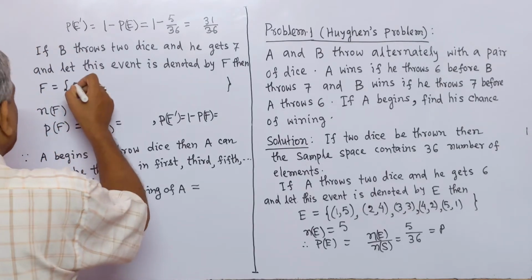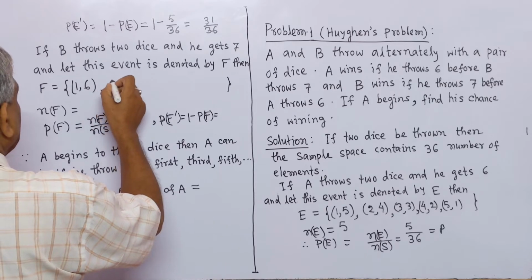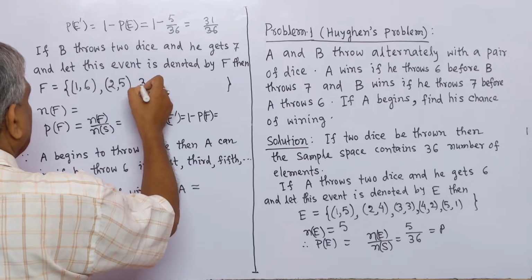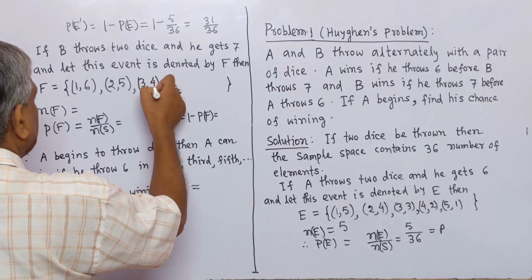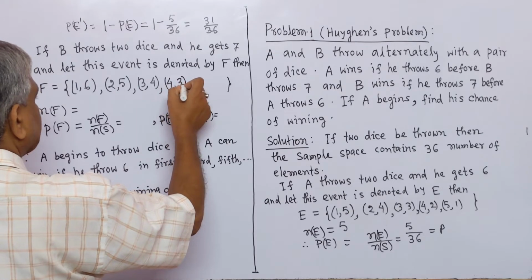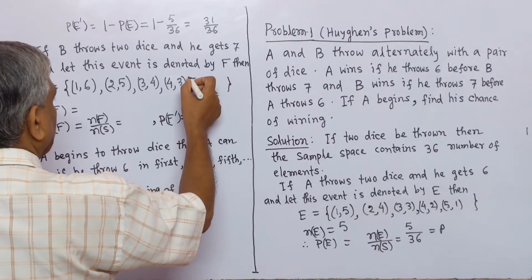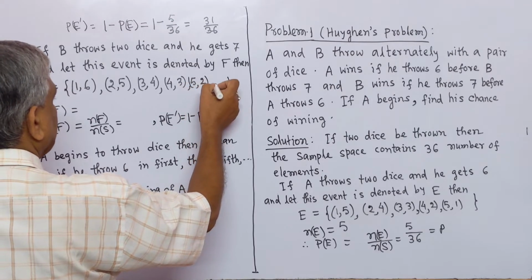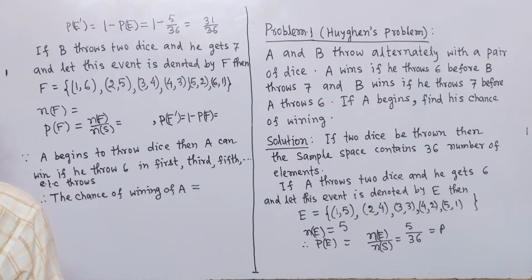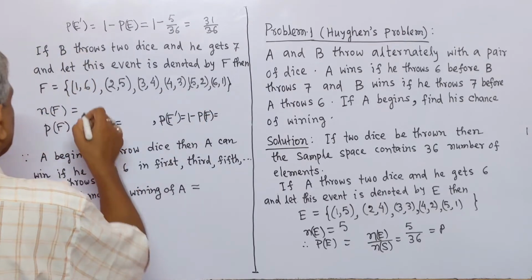That means (1,6), 1 plus 6 is 7; (2,5), 2 plus 5 is 7; (3,4), 3 plus 4 is 7; (4,3), 4 plus 3 is 7; (5,2), 5 plus 2 is 7; (6,1), 6 plus 1 is 7. The number of elements is 1, 2, 3, 4, 5, 6.